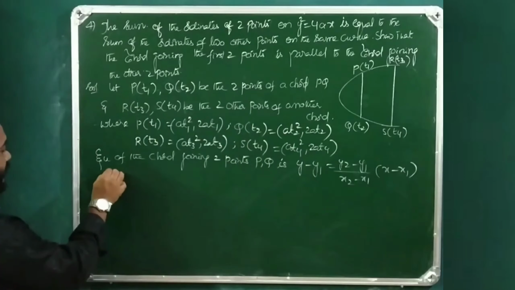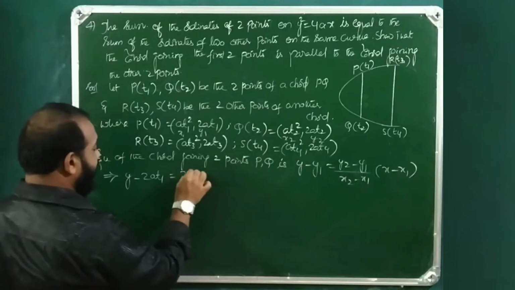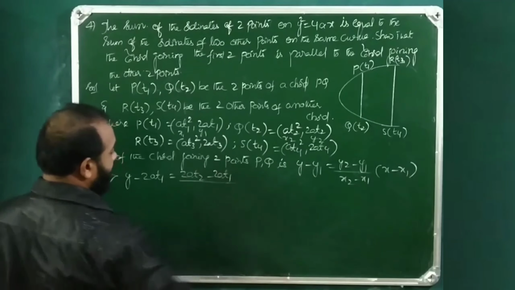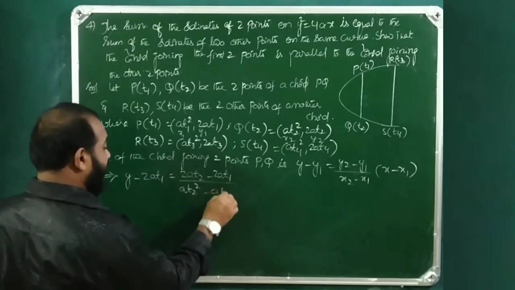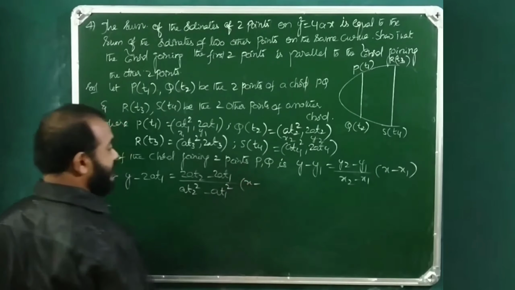This is x1 y1 and this is x2 y2. So y minus 2a t1 is equals to 2a t2 minus 2a t1 by a t2 square minus a t1 square into x minus a t1 square.